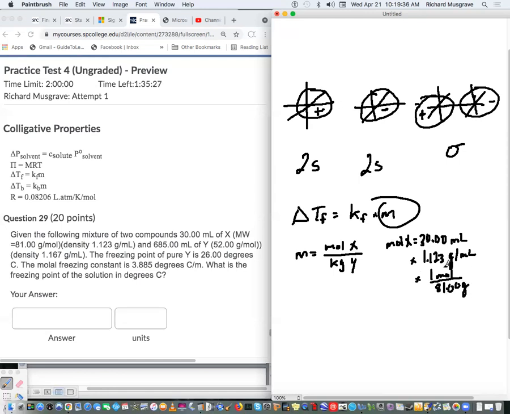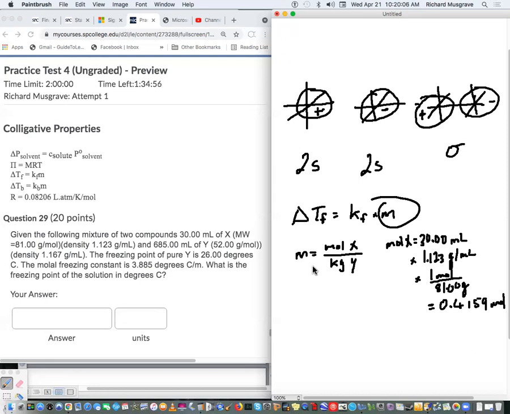That's 30 times 1.123 divided by 81, and I get 0.4159 moles. That's for the X.